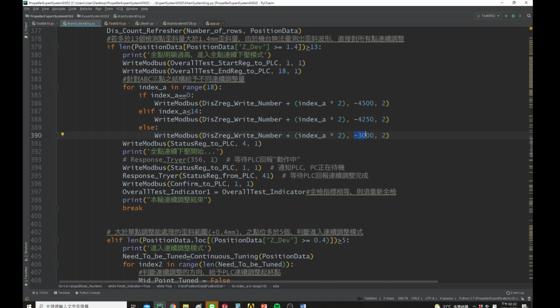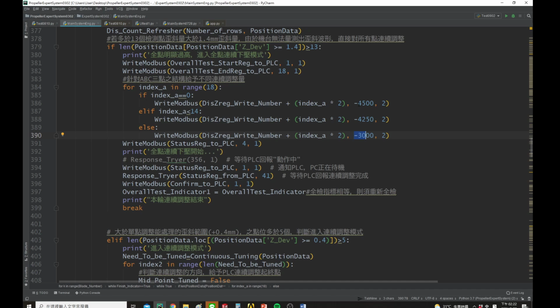Okay, so here is a key point: if we want to write the displacement value into the PLC, you have to multiply the value by 1000. Okay, 1000.